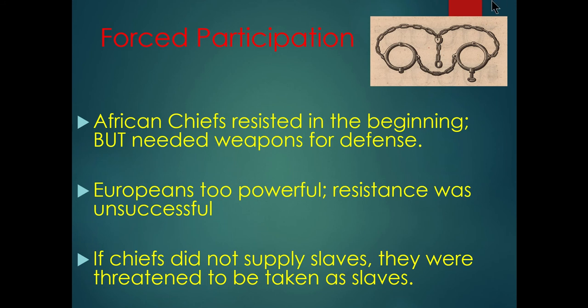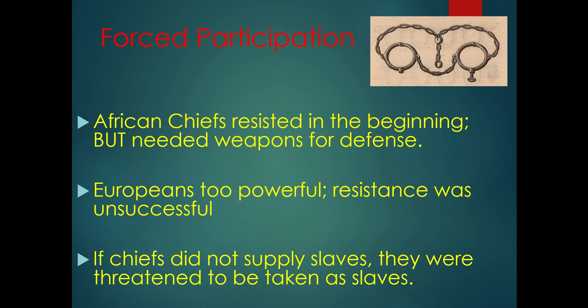All right, so now we have what's called forced participation. In Africa, they had tribes and chiefs at this time. At first, the chiefs resisted. They said, you are not taking our people. These are our people. You can't take them to be slaves. But they needed weapons, and they didn't have weapons, these African tribe leaders. The Europeans did, and they were just too powerful for them.